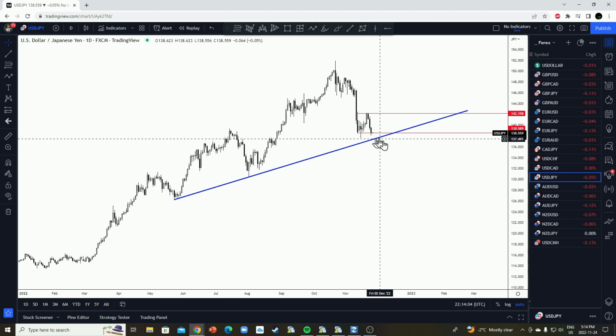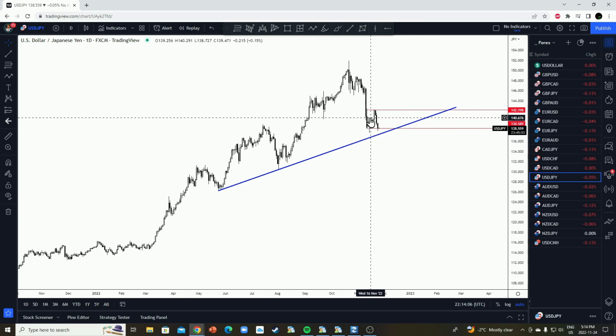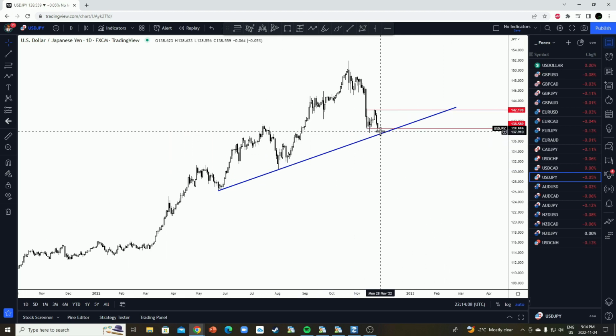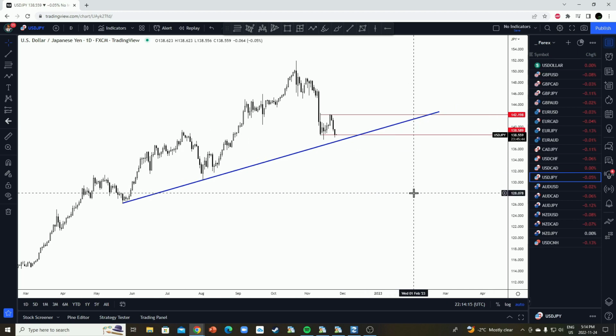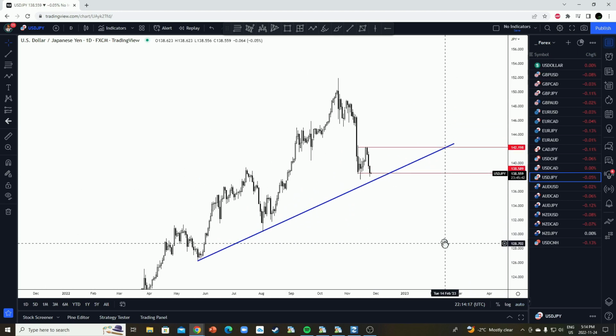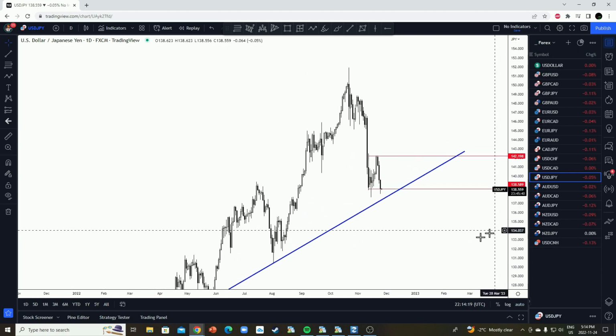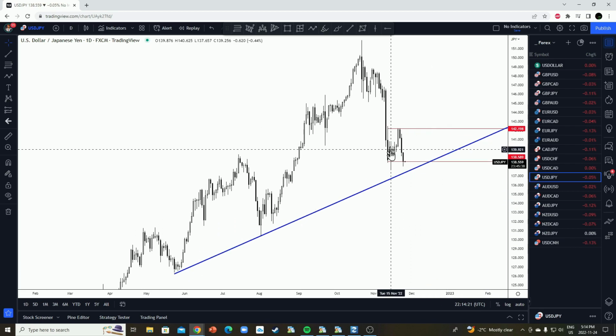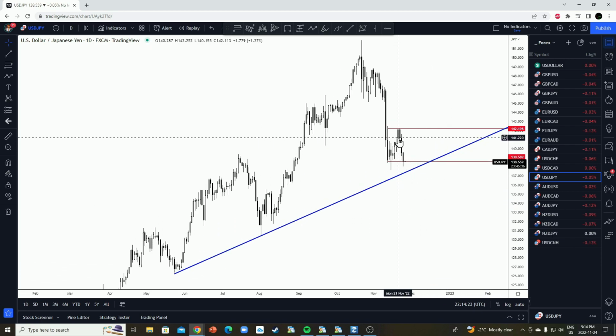I want this level to give out, but because we're a bit far from it, like there's still a bit of space here, I'm thinking that maybe the space is going to be spent going sideways and just messing around. So because I didn't want to give away my potential profits, because the two positions that I closed, I shorted as we were retracing.